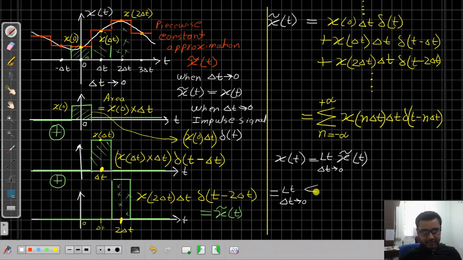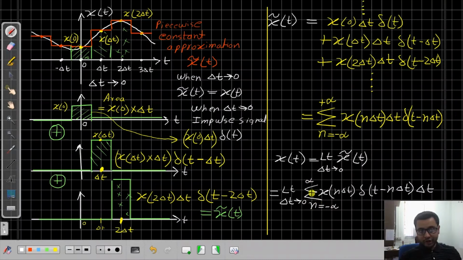Let me write this sum, x of n delta t. Then let me write this term first, delta of t minus n delta t. Then this term delta t, and sum is taken over n equal to minus infinity to plus infinity.